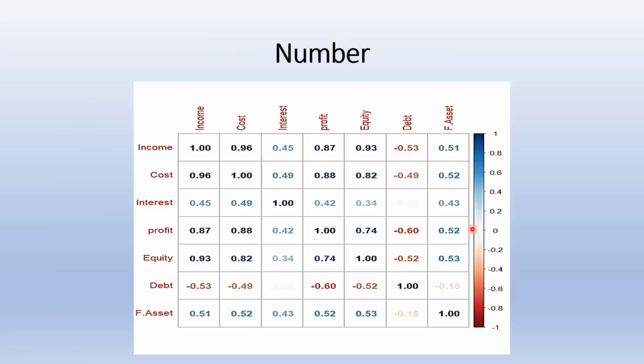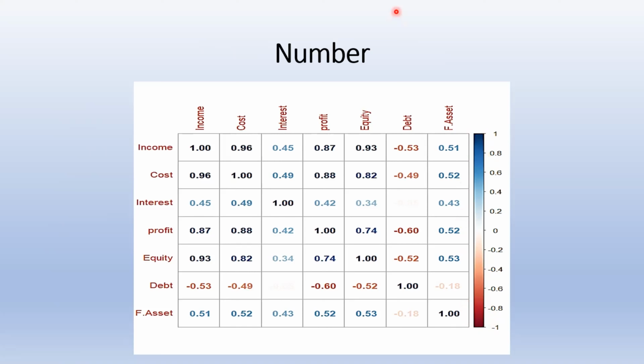Similarly, as we go down from 0, the pink color is becoming darker at -1. So this suggests that if your correlation coefficient is beyond 0.70, the color will be very dark, dark blue.